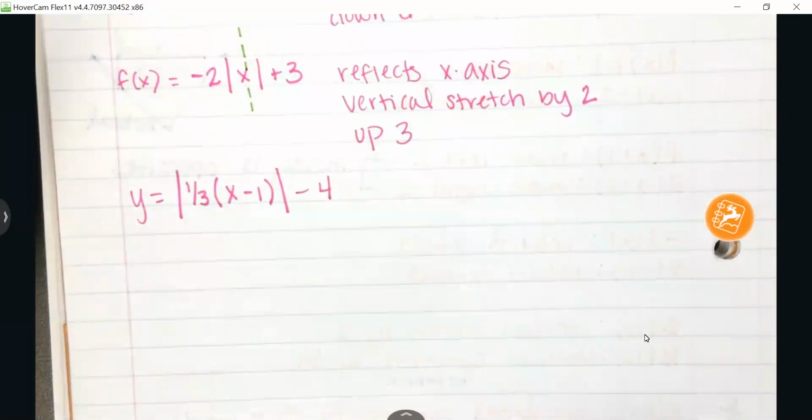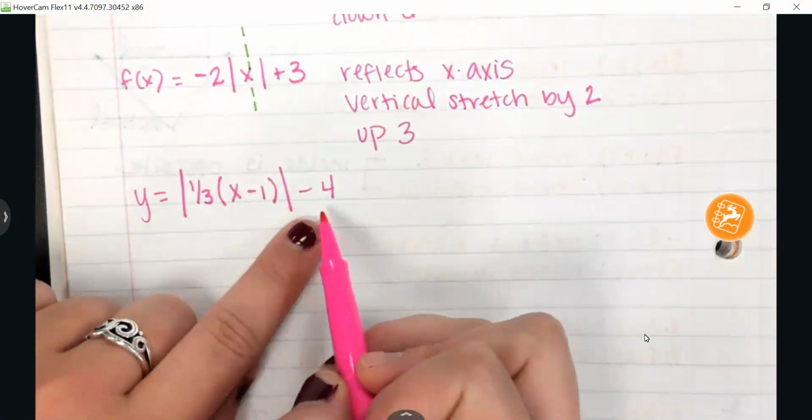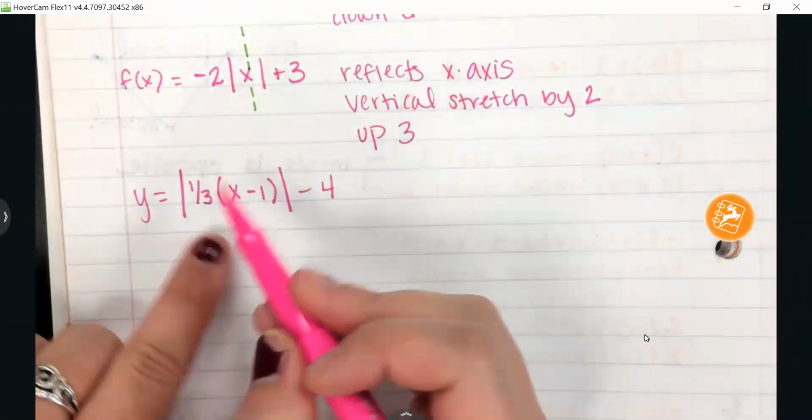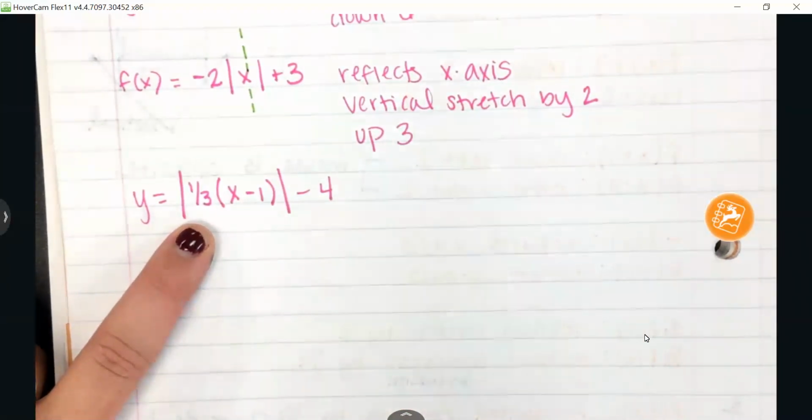How many transformations are there? How many do we think? 3. I have a 1/3, I have a -1, and I have a -4. Is this 1/3 inside or outside? Inside.